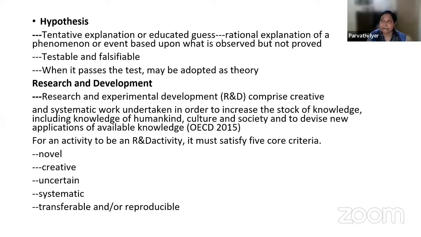Again, it must be systematic in nature. There is a certain logic or order to the process of undertaking R&D, and it must be transferable or reproducible. When you produce scientific knowledge, it should have that quality that it can be reproduced in a different spatio-temporal context. Just to give you an example, supposing I'm dropping a pen on the floor. Whether I drop it today, tomorrow, or 20 years later, that pen is going to drop on the floor.